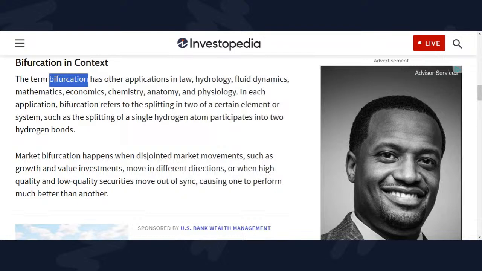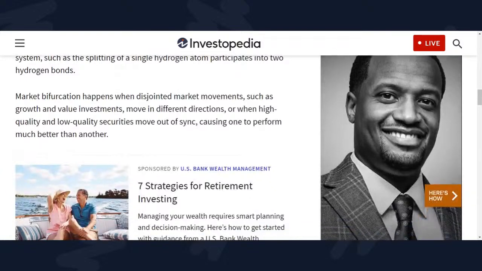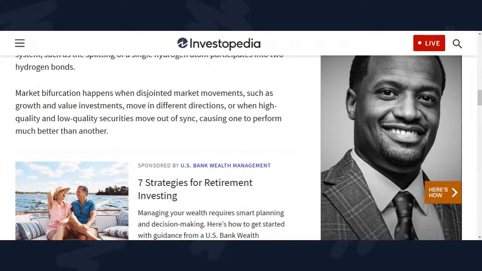It's the placement of the estate into an economic forum for commercial use in a usufruct system. Market bifurcation happens when disjointed market movements, such as growth and value investments, move in different directions.